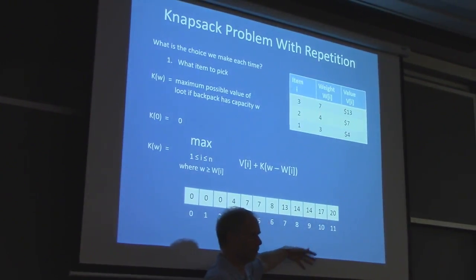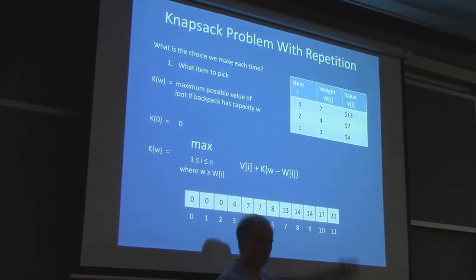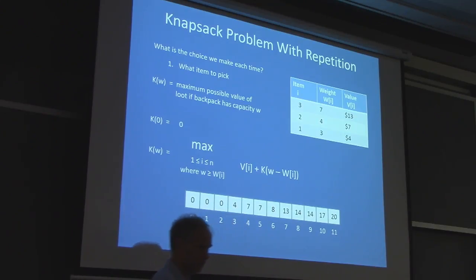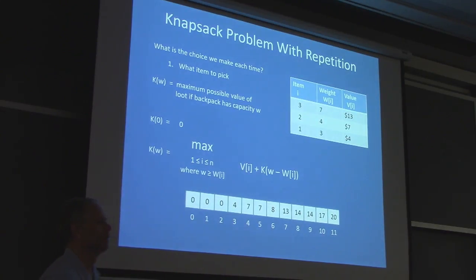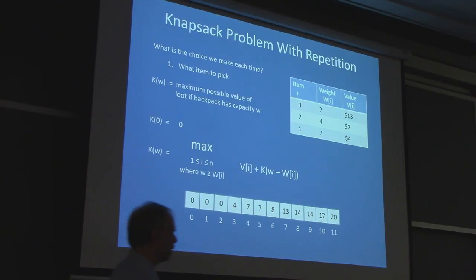You're doing a constant amount of work for each element. So it's proportional to W. But if we had the same number of items as the weight that we're checking, wouldn't that make it W squared? Right.